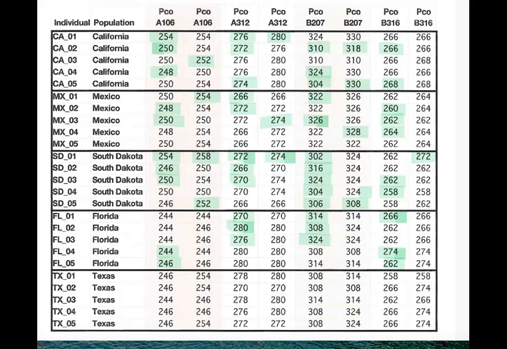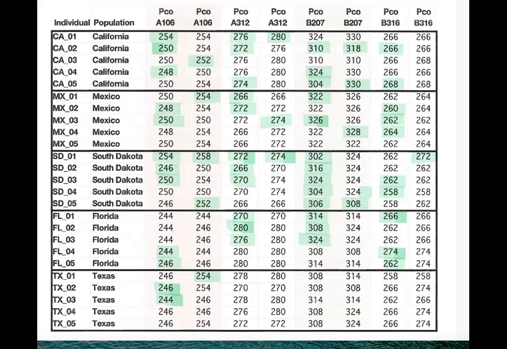262, 274, 266. And Texas, we've got 246, 244, 254. That's it for Texas in the first gene, gene 106, 246, 244, and 254.